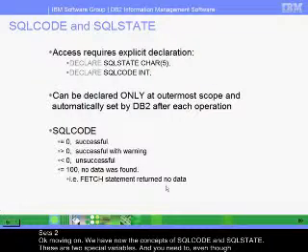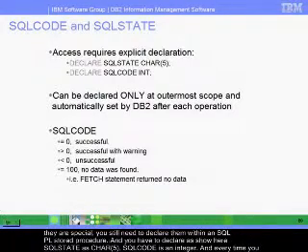Okay, moving on, we now have the concept of SQLCODE and SQLSTATE. There are two special variables, and even though they're special, you will still need to declare them within an SQL stored procedure, as shown here: SQLSTATE as CHAR(5) and SQLCODE as an integer.